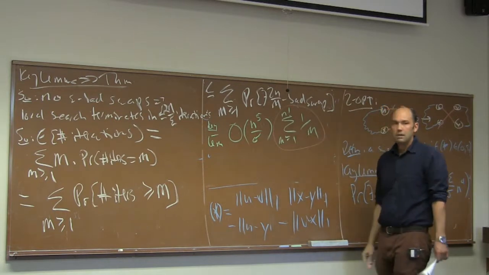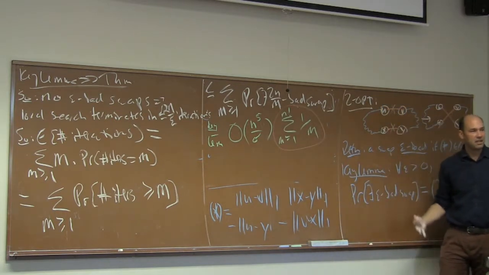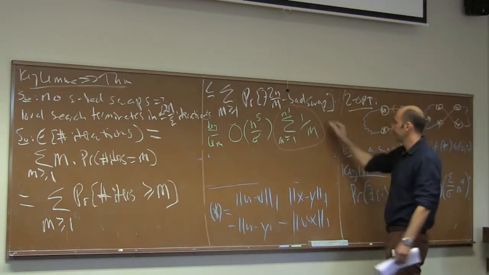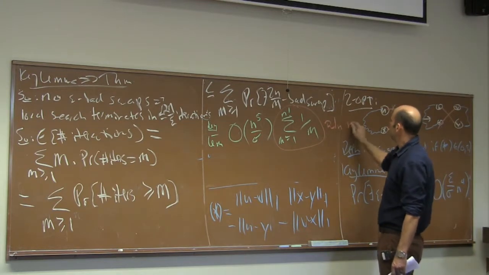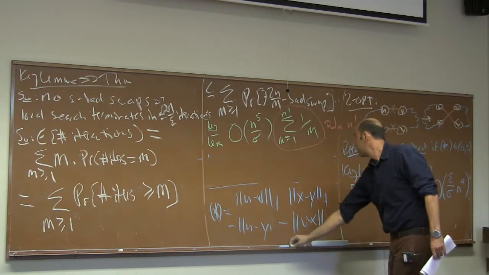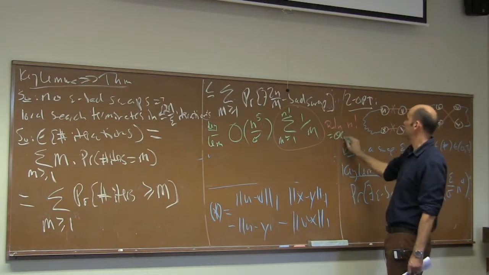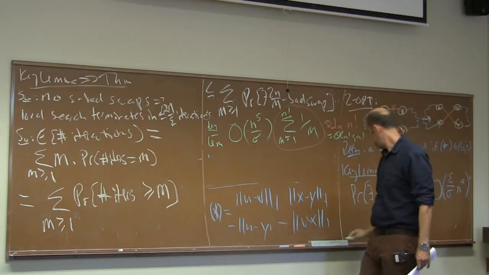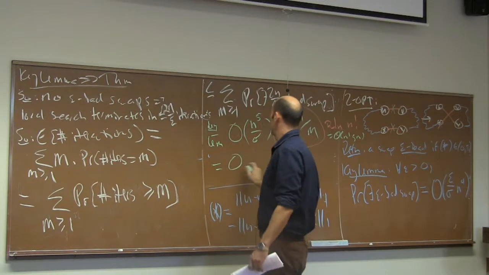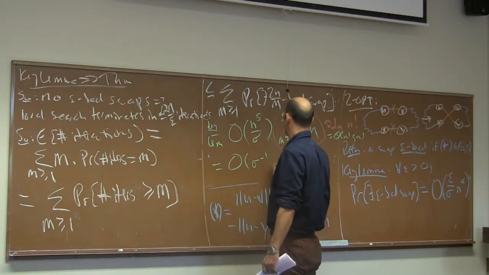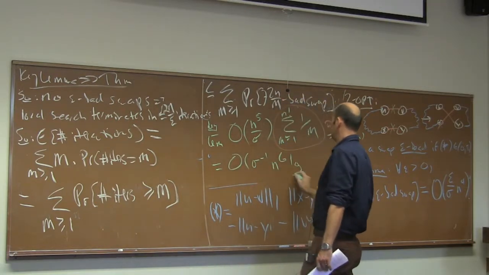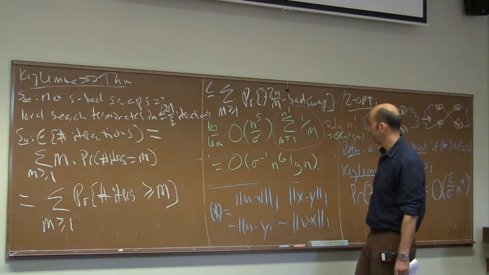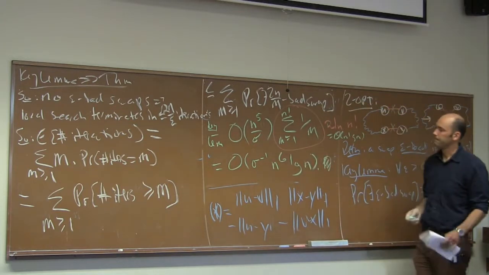So this is well approximated by the natural logarithm, right? The harmonic sum. So natural log of n factorial, which by, if you like, Stirling's approximation, is theta of n log n, giving us an upper bound of sigma to the minus 1, n to the 6th log n. Okay.